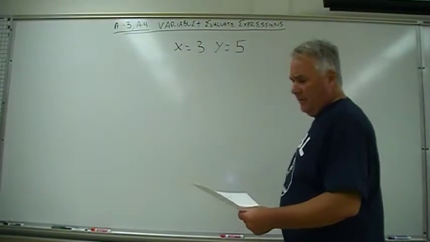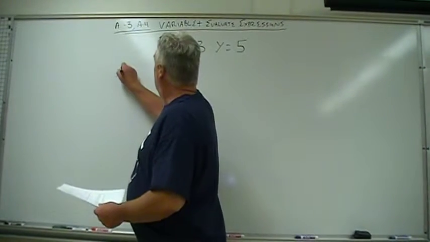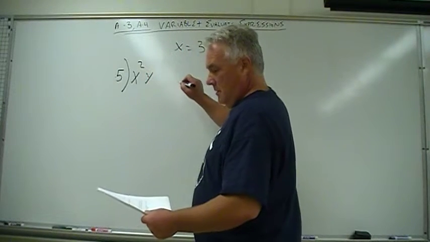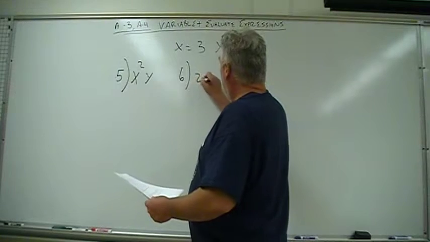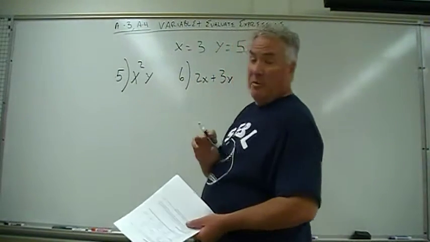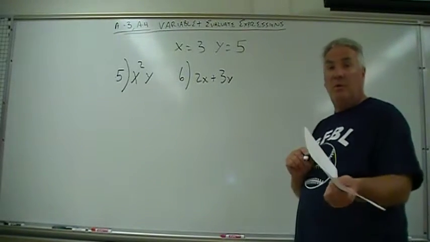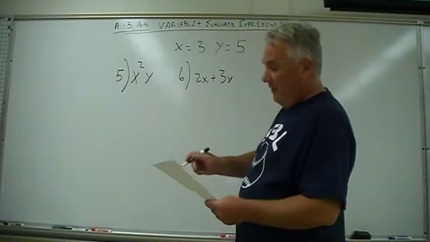So x is equal to 3, y is equal to 5. While I'm writing these down, if you want to try them on the paper to see if you would get the same thing I get, why don't you try them while I'm writing these down?